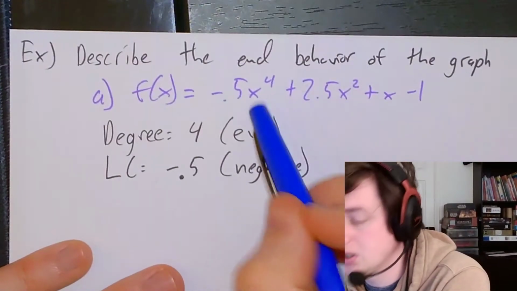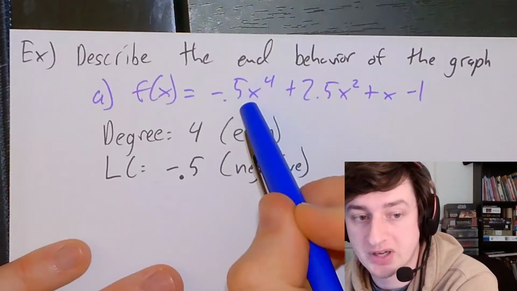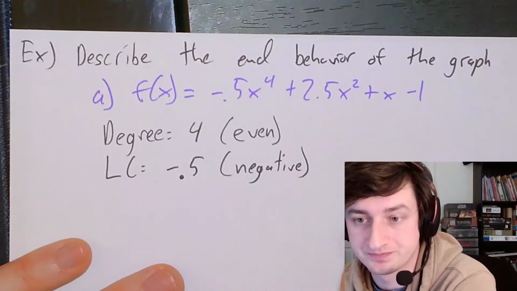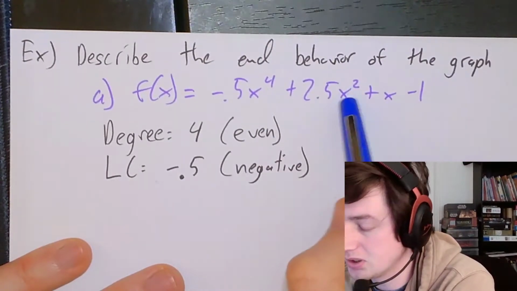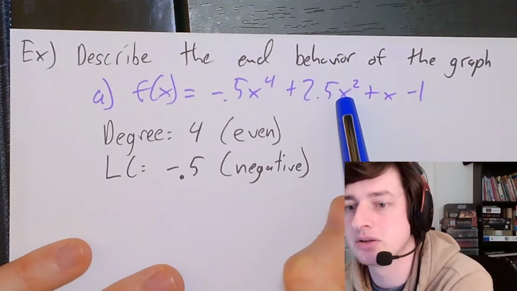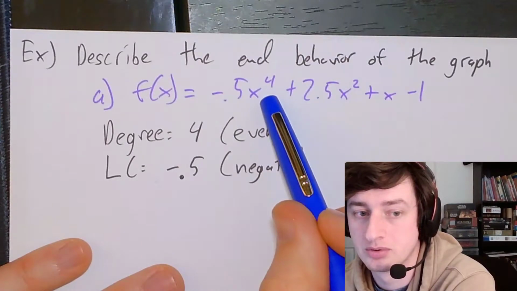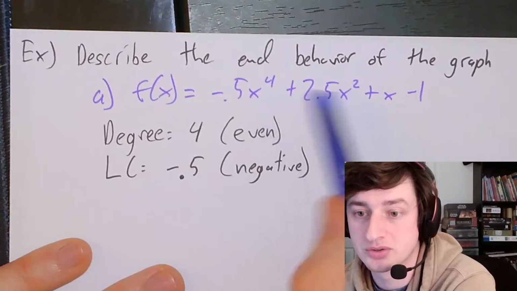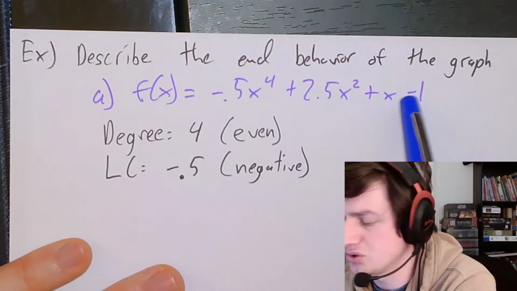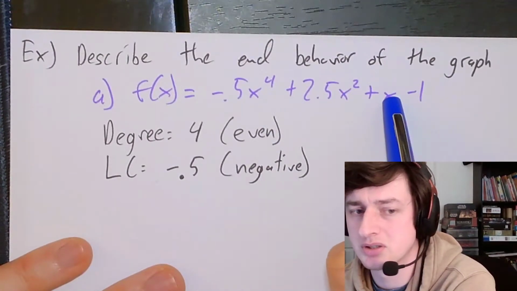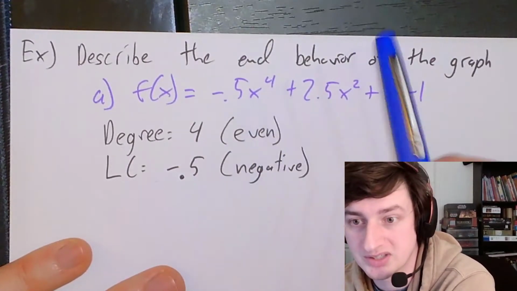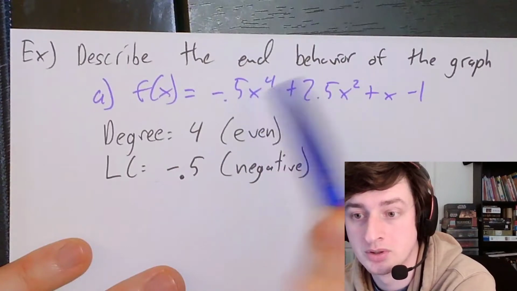If I put a million in here and I multiply it times itself 4 times, so I raise a million to the fourth, I'm going to get a huge number. But if I put a million in for x squared, I'm not going to get nearly as big as this x to the fourth. Even if it was 100, it's not going to get as close. And just a single x, just a single million, is not going to be as close as a million times a million times a million times a million. That's a lot of zeros.